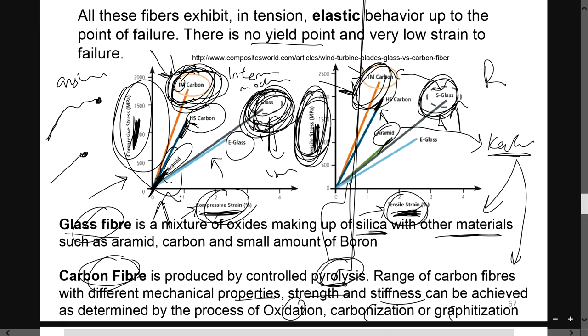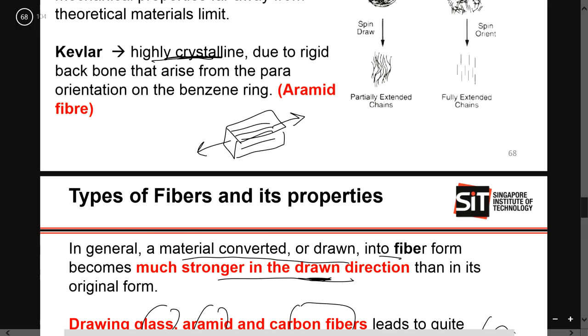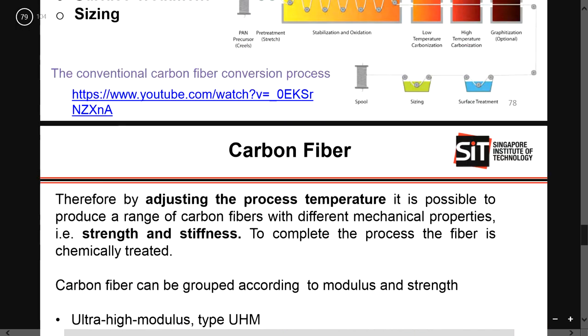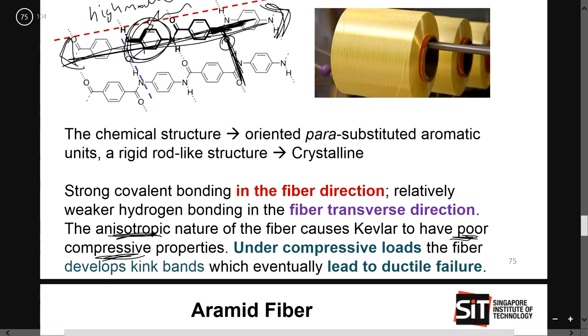For tensile, aramid is pretty good, it is over here, much higher for its properties. So aramid applications are mainly on tensile. Don't use it for compression. If you do, then you are killing yourself, right?